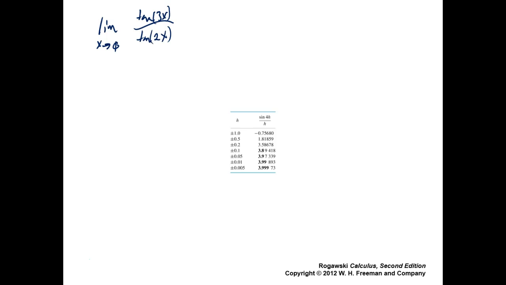Okay, and I guess the one that would first come to my mind, don't know if this is what their suggestion was, but let's do the limit as x is approaching 0, and tangent 3x would be sine of 3x over cosine of 3x, over sine of 2x over cosine of 2x.